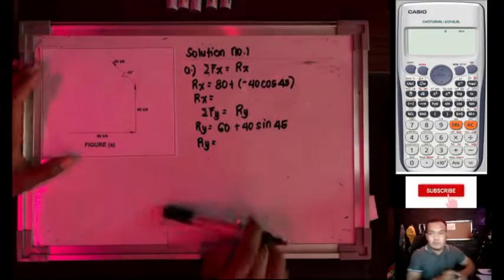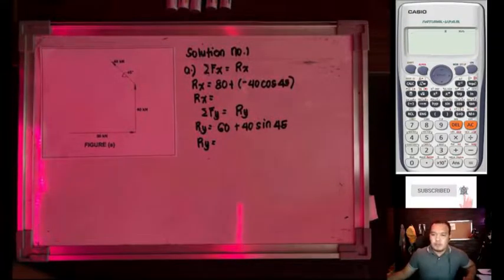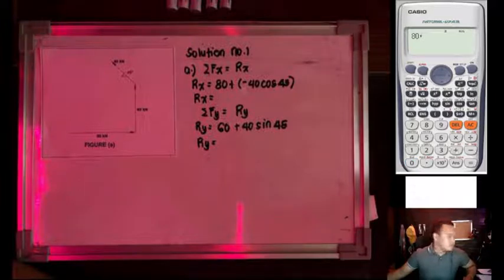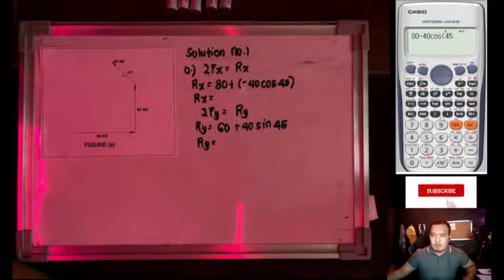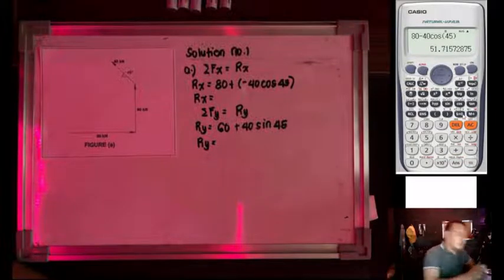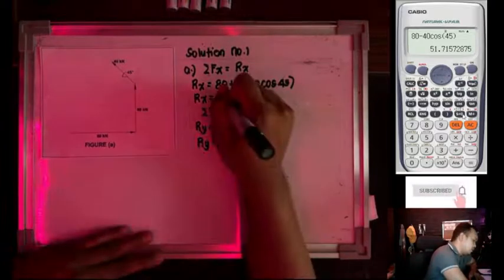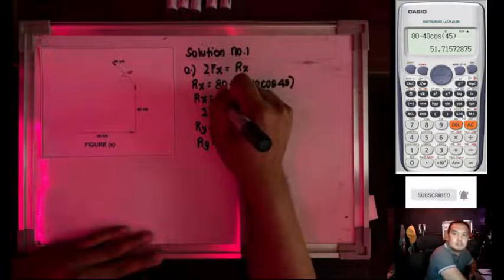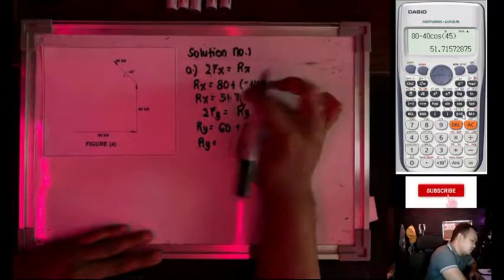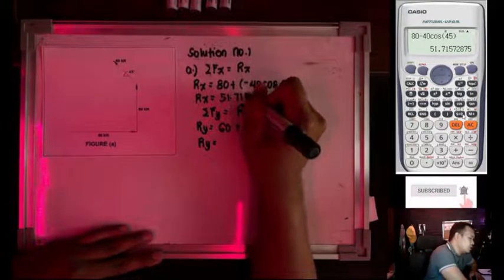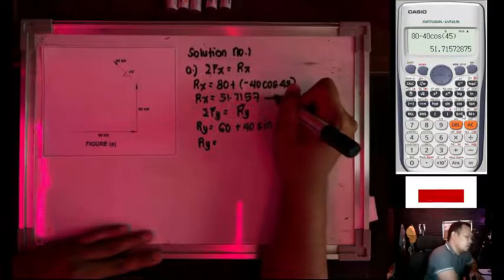So, let's put it in the calculator. We have 80 plus, negative, I'll just use minus, minus 40 cosine 45 equals 51.7157 going to the right.